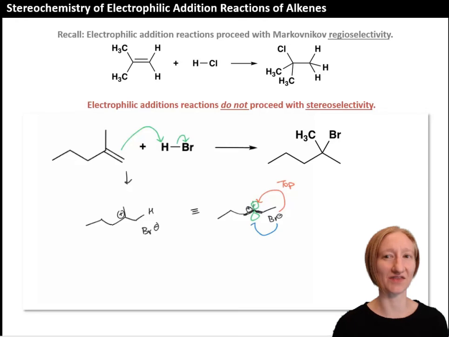And here, attack on the top face gives the product we'll draw in red, it will have the bromine pointing up or towards us. An attack at the bottom face gives us the product that we'll draw in blue, and it will have the bromine pointing back or away from us.